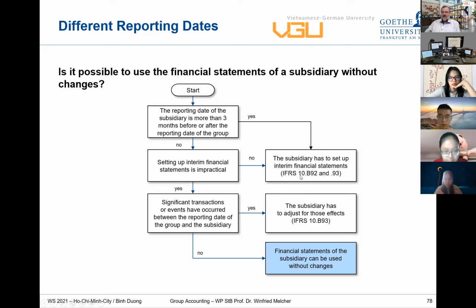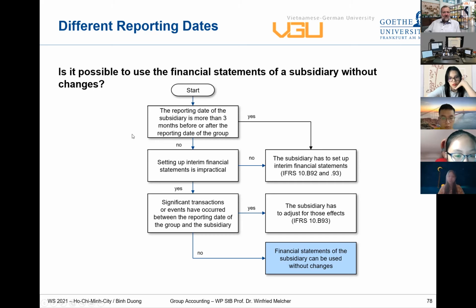Otherwise, if it is possible to set up financial statements for that interim year end, then they have to follow that rule. And if there are no significant transactions in this 6 months window, then the financial statements of the subsidiary can be used without changes because there is nothing material going on.